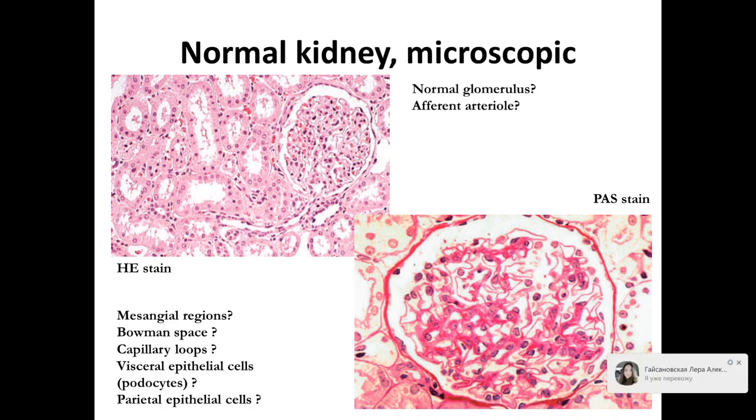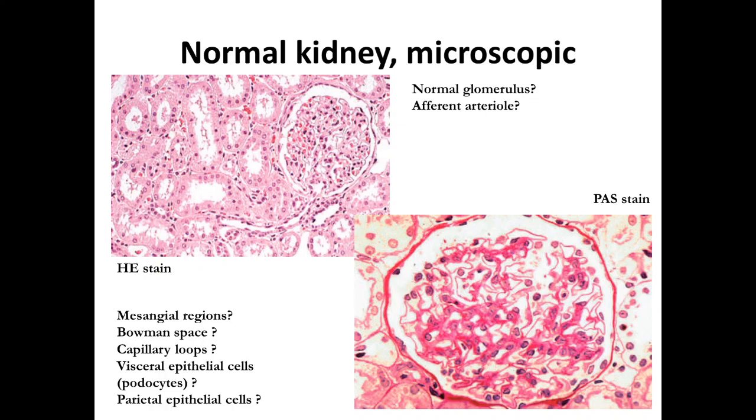The cellular composition of the glomeruli consists of the following cells: two types of epithelial cells, the parietal cells, which cover the Bowman's capsule, and the podocytes, the visceral epithelial cells, and of course the endothelial cells, which cover the capillary lumen, and mesangial cells and mesangial matrix.